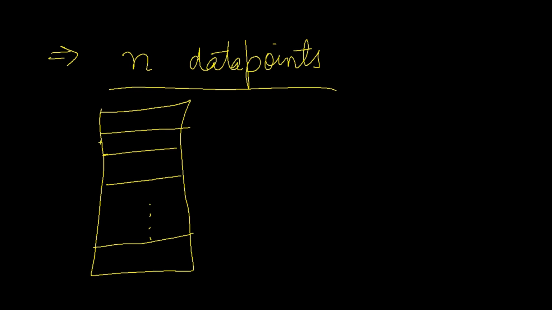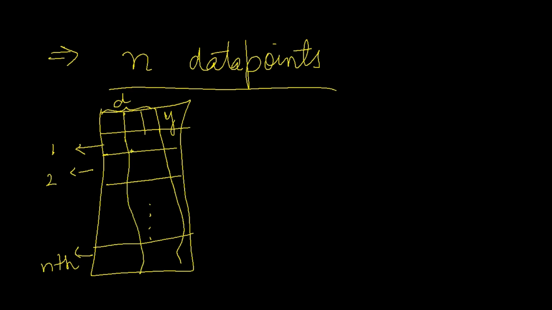It has this first data point, this is the second data point, and this is the nth data point, and these are the d independent variables and one y as the dependent variable.